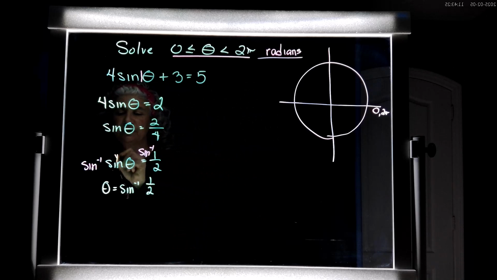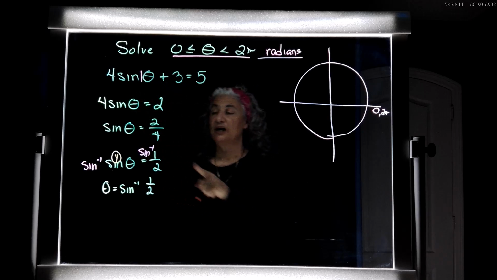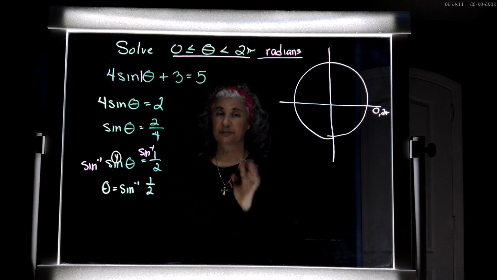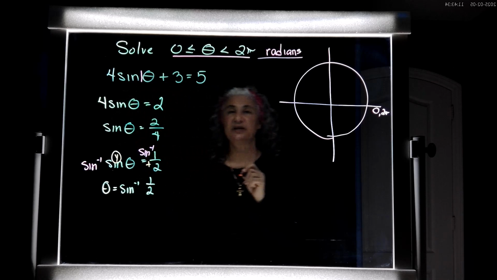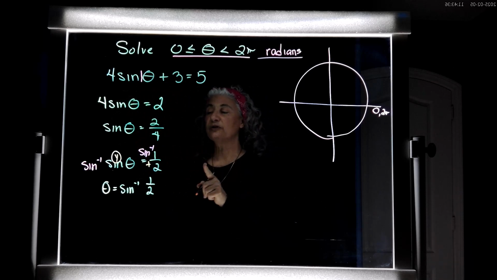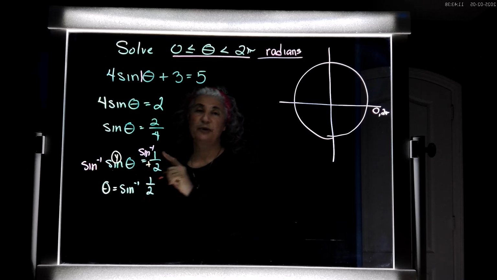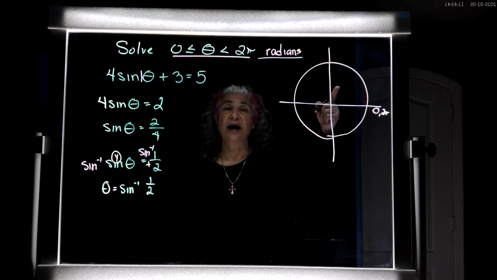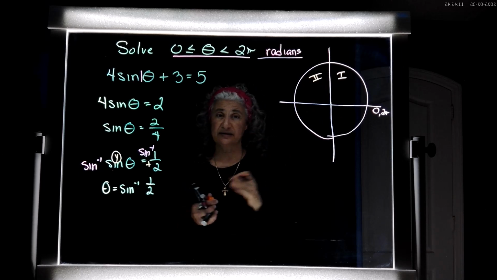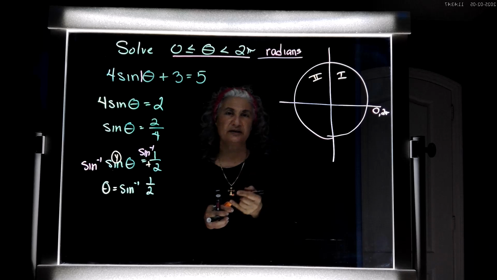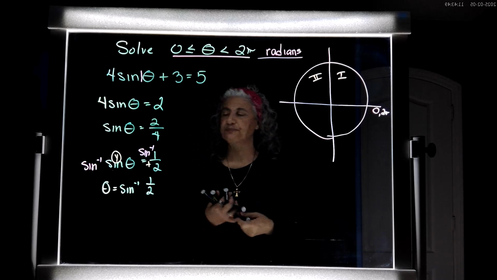Good, this is dealing with y. The answer of 1/2, is it positive or negative? Positive. Which means, first and foremost, we're looking for where the y is positive. Well, the y is positive in quadrants 1 and 2. Yes? Okay, so we know the answer is going to be in quadrants 1 and 2.